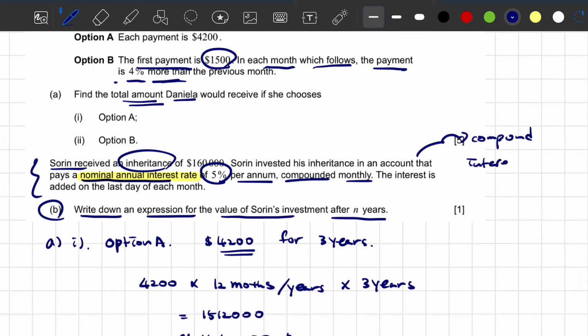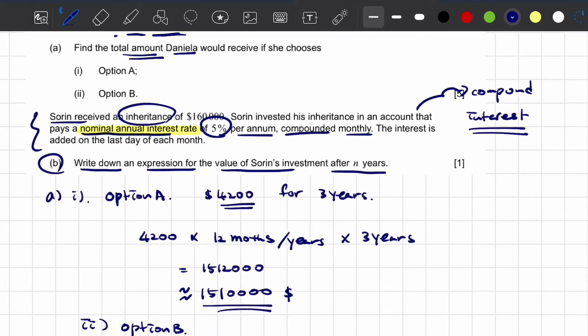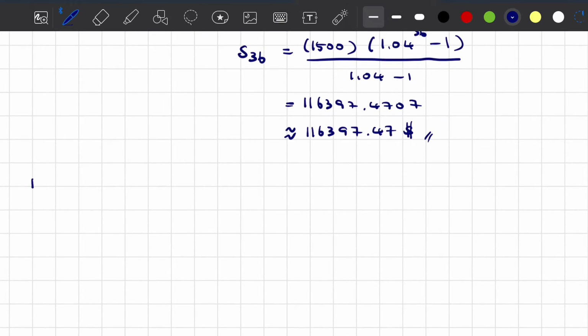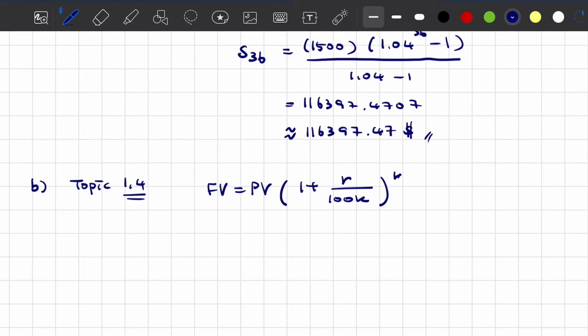Okay, so this question is from topic or chapter 1.4 of your curriculum. From this section, we know that to calculate compound interest, we have to use the formula FV equals PV times (1 plus r over 100k) to the power of k times n.